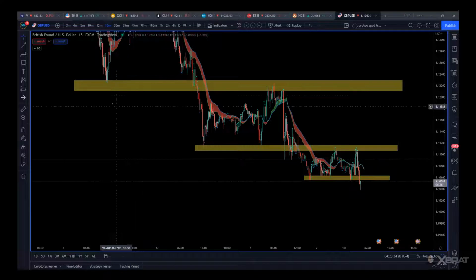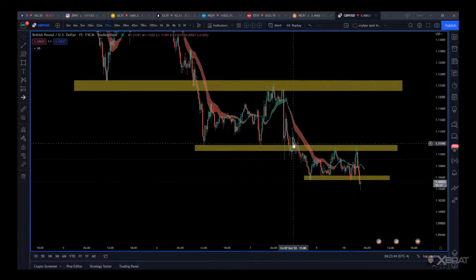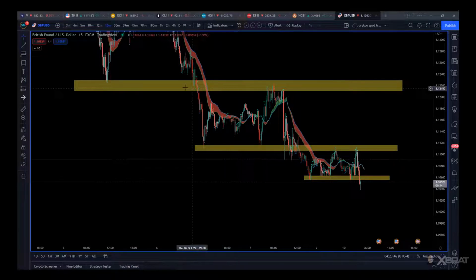With GBPUSD, we can see on Friday we had this pivot high and then we dropped with data on Friday morning from the US session. Previous to that though, we did have a test at this point on the Wednesday. So we can actually join all this up. We've got a lot of clustering here with these resistance attempts to break through, and then we've got this support here.